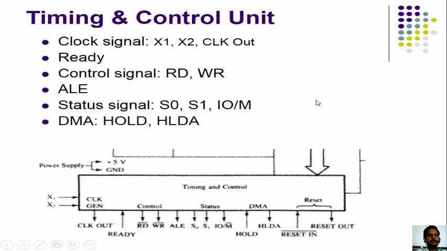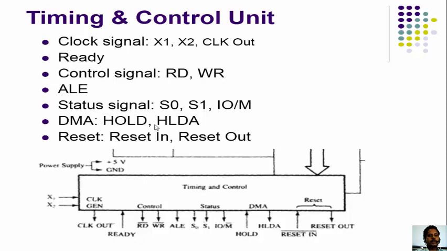DMA access pins, hold and HLDA. And these are the reset pins: reset in, to reset the microprocessor, and reset out, to reset the externally connected peripherals with the 8085 microprocessor.